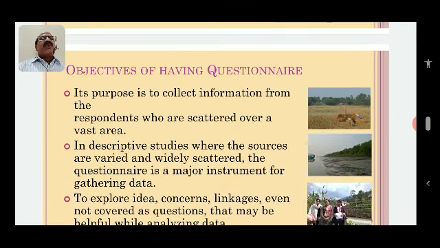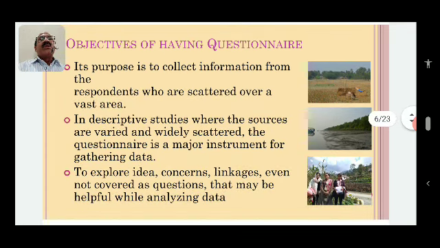So objectives of having questionnaire, its purpose is to collect information from the respondents who are scattered over a vast area. So that means you have to go to the field, your respondents are scattered, you have to go house by house or school, every school or hospitals like that, to get data from various locations.